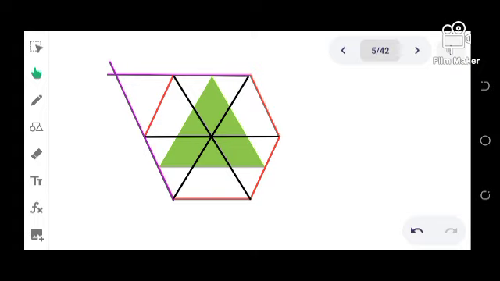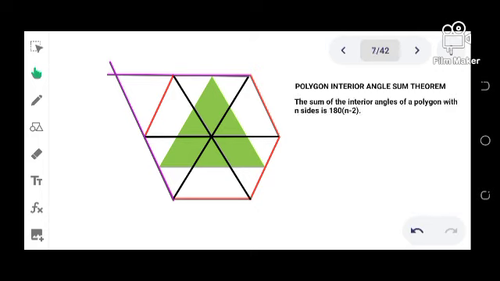Now, recall that there is a theorem called the polygon interior angle sum theorem, which states that the sum of the interior angles of a polygon with n sides is equal to 180 times n minus 2. Using this relationship, we have 180 times 4, which gives us 720.